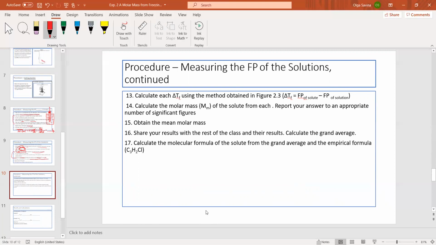And finally, we have to calculate the molar mass of the solute from each. Report your answer to an appropriate number of significant figures and obtain the mean molar mass. And after that, you have to determine the molecular formula of our solute.